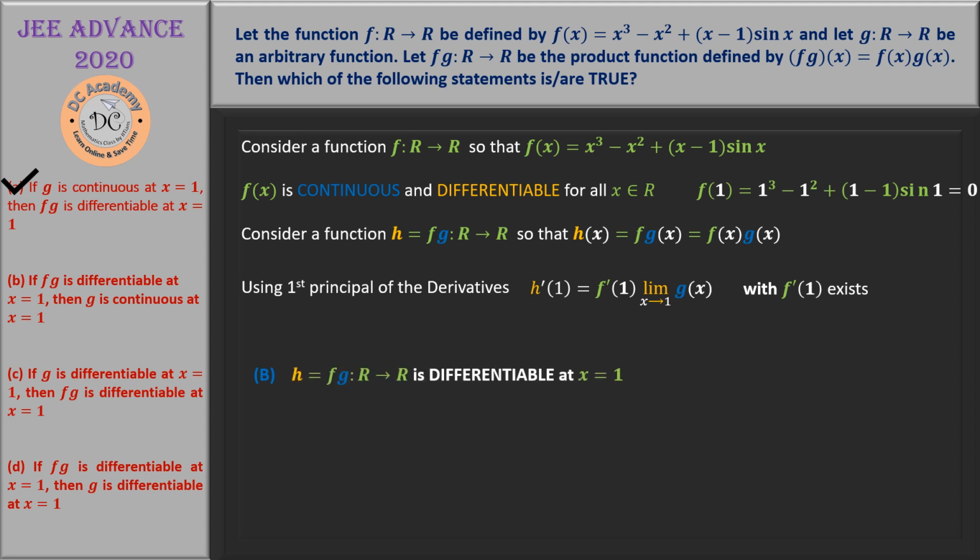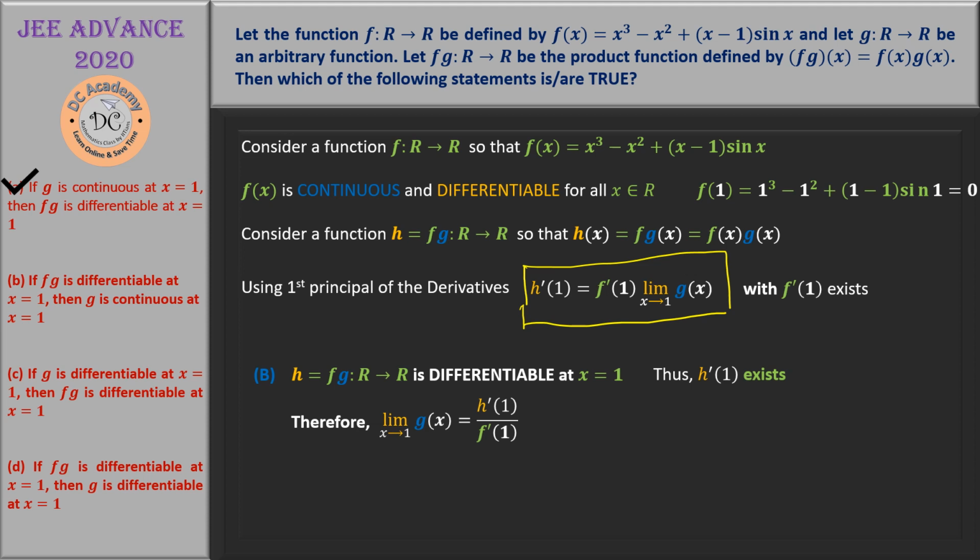Here h is a differentiable function, so h'(1) exists. From the relationship we obtained earlier, h'(1) is equal to f'(1) times the limit of g(x) as x tends to 1, which implies that this limit is h'(1) divided by f'(1).